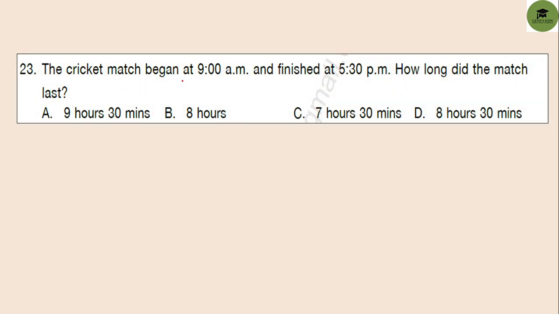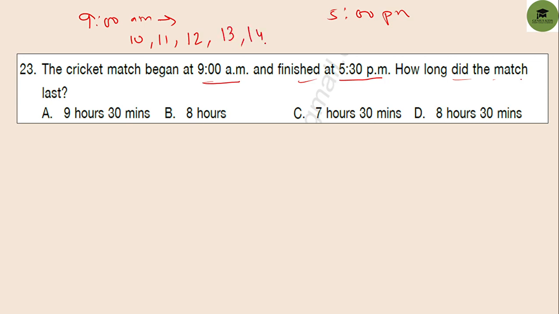The cricket match began at 9 am and finished at 5:30 pm. How long did the match last? Okay. So 9 am. Now you count up to 5 pm. 9, 10, 11, 12, 1, 2, 3, 4, 5.